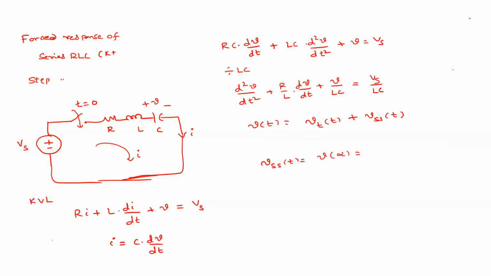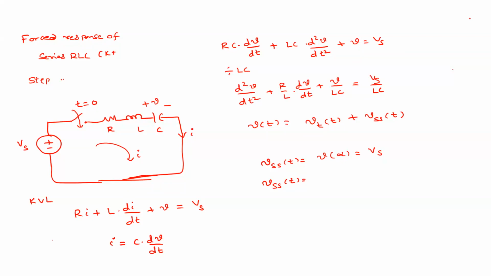It is the voltage across the capacitor at infinite time, which is equal to Vs. So what is its steady state part?